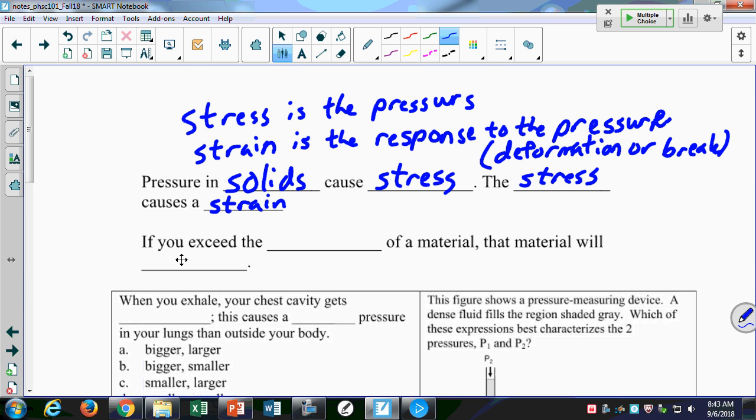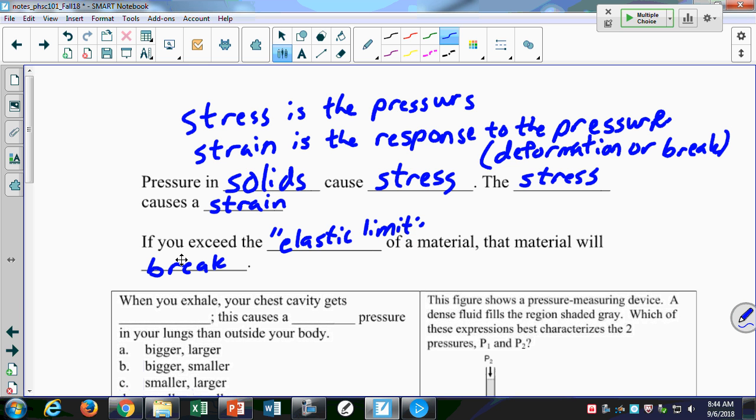If you exceed the elastic limit of a material, like in your bone, they have an elastic limit, we'll talk about that in the next section, then that material will break. So stress is the pressure. If I apply a pressure to the balloon, I apply a stress, and the strain is the amount of deformation.